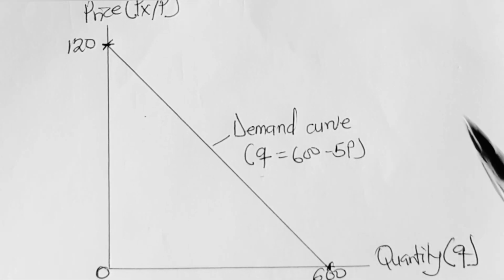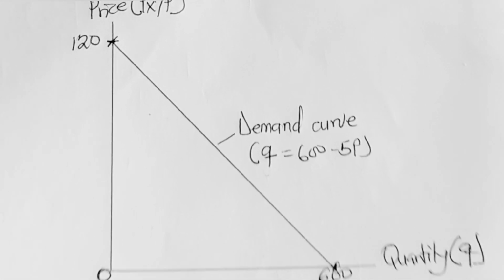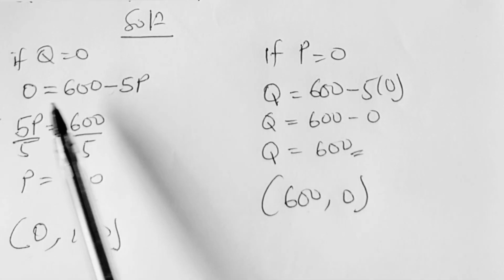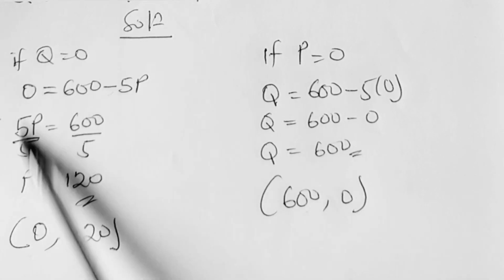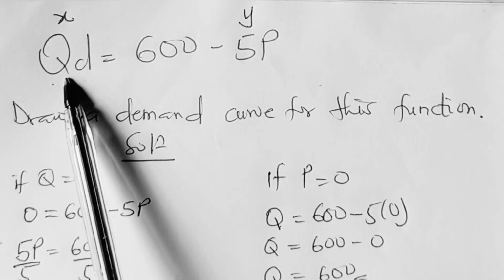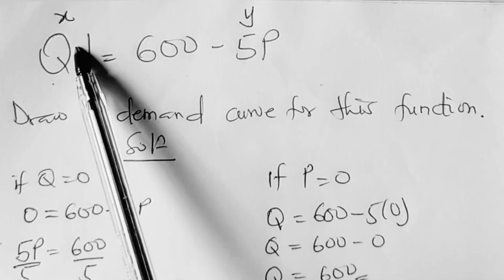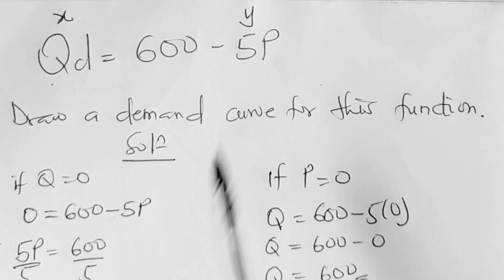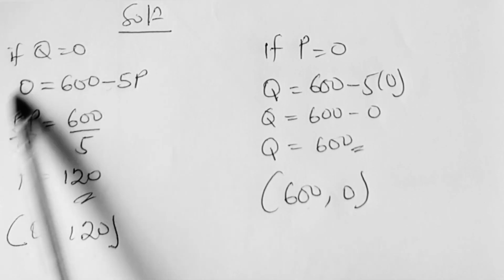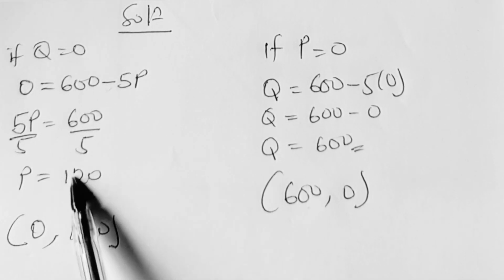Whenever you find a demand function and it requires you to draw a demand curve for that function, you first of all have to find the extremes of both quantity and price. In the first place, you make Q 0 and you find P. When quantity is 0, price is 120.